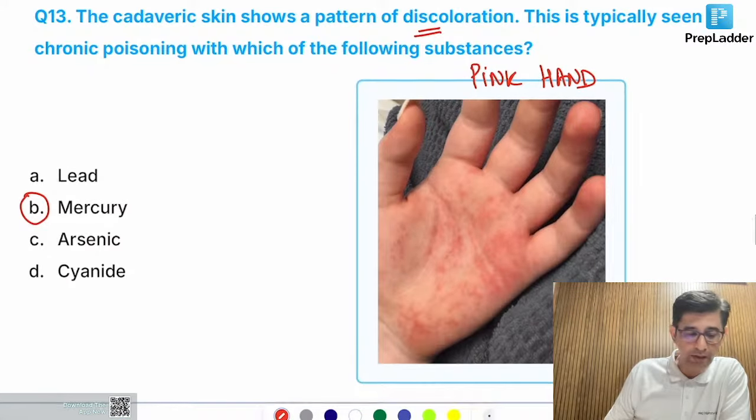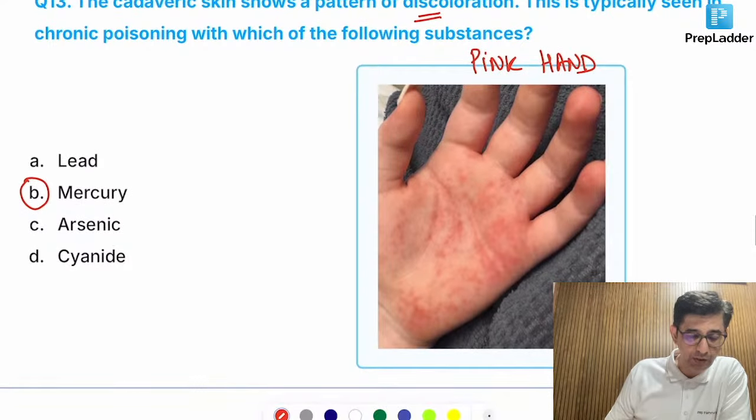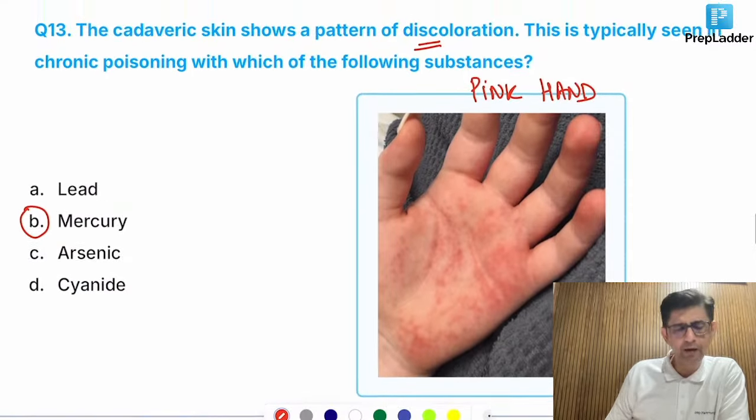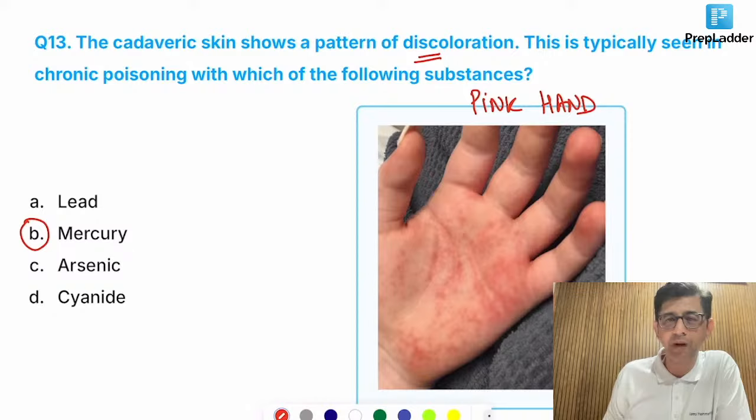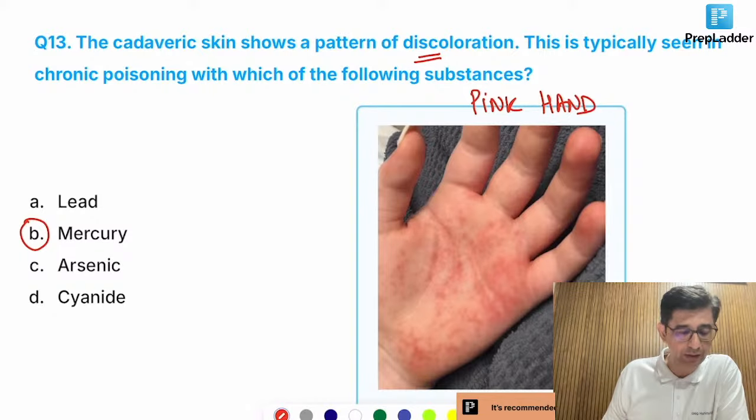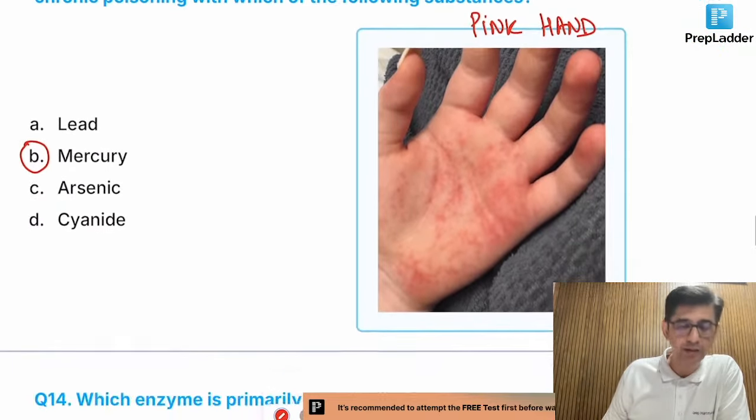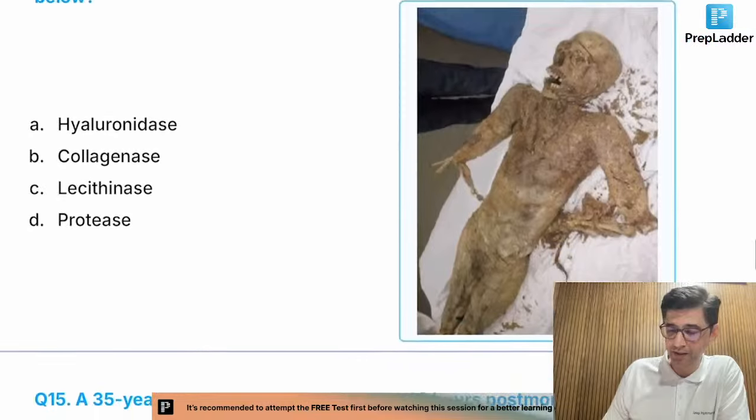So 13th is sorted. Raindrop pigmentation is again what you read primarily with arsenic. We're talking about mercury at the moment. So yeah, hatter's shakes is what I can take into consideration.